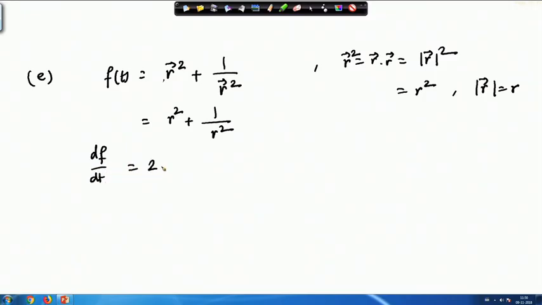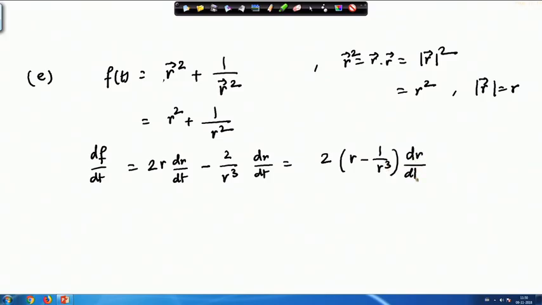So this will be 2r times dr/dt, and this one is minus 2 by r cube dr/dt. So if I take 2 common, this will be r minus 1 by r cube, dr/dt.